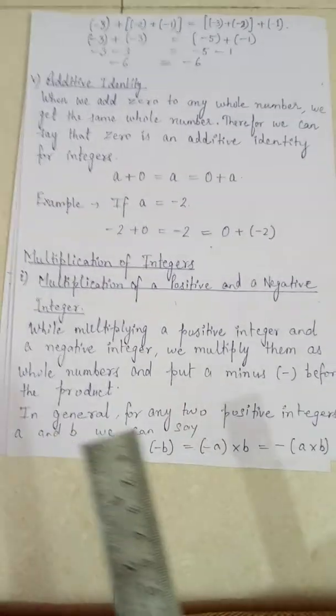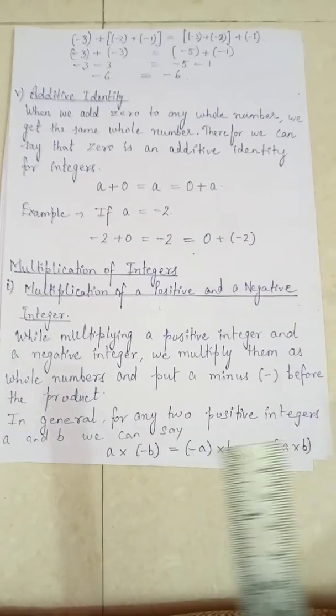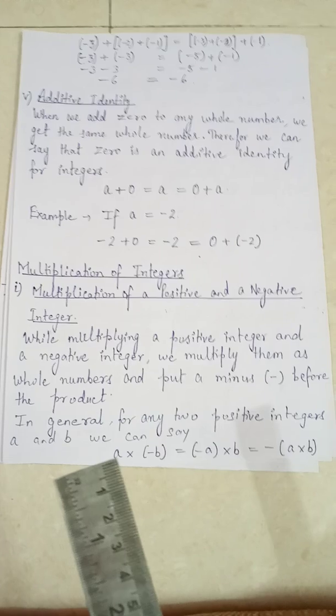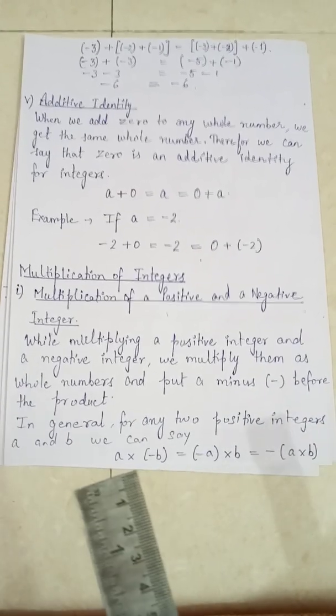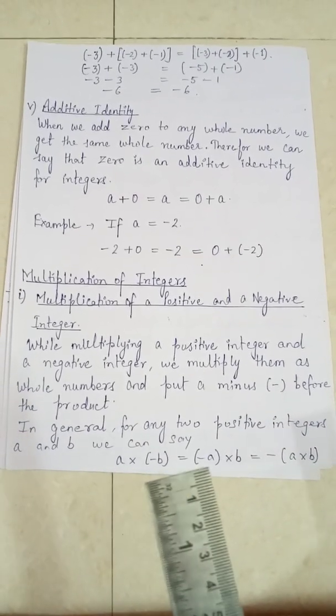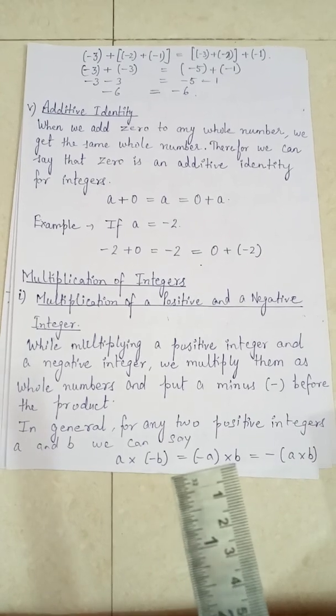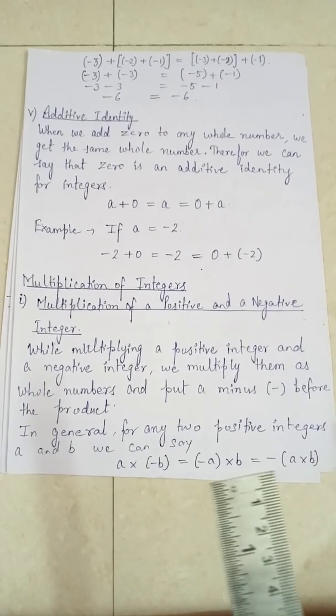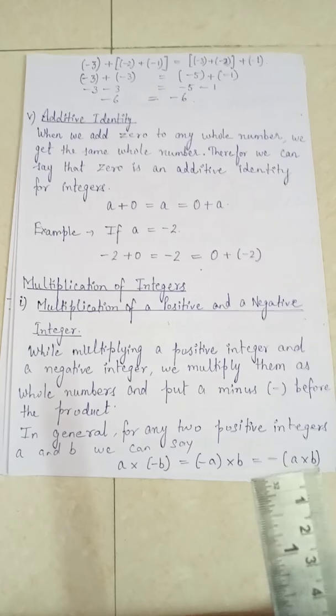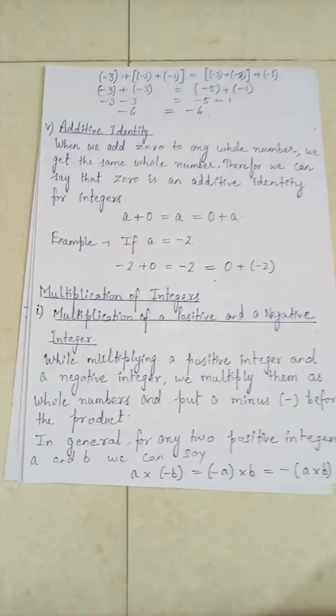In general, for any two positive integers a and b, we can say a multiplied by bracket minus b equals minus a multiplied by b, which gives you minus bracket a multiplied by b.